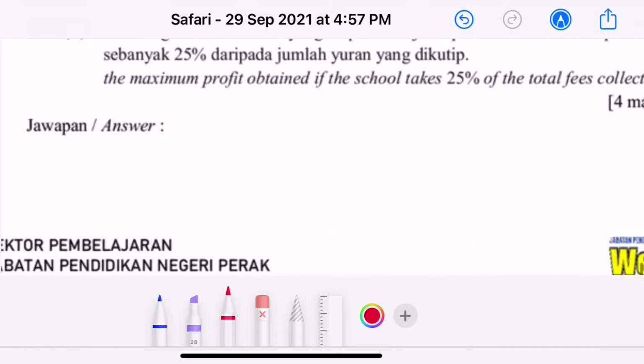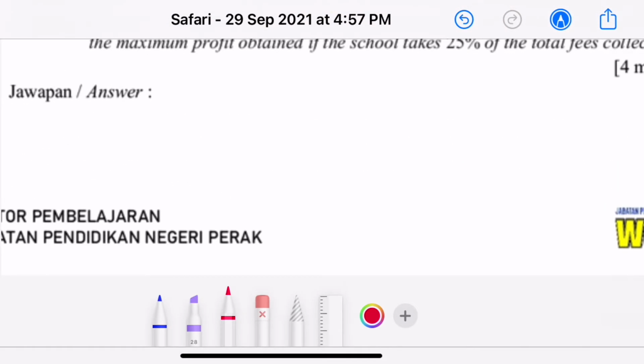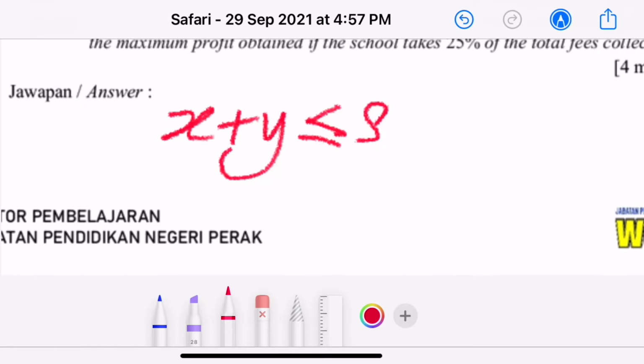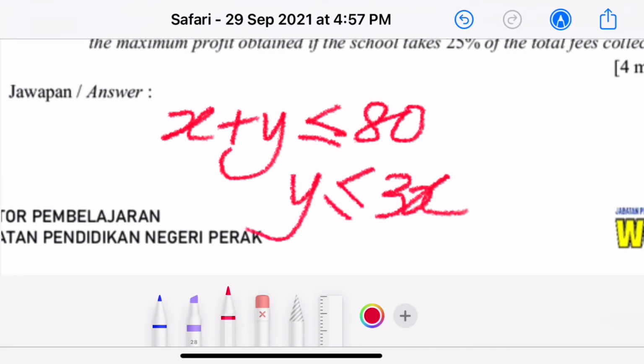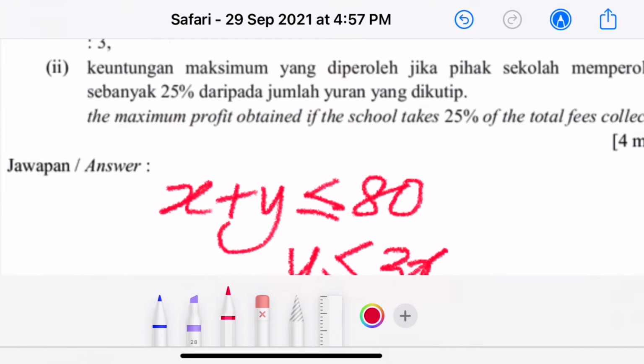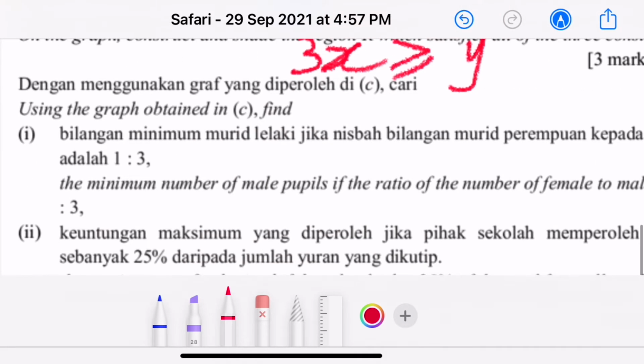So we have to write inequalities. The first one is x plus y less than or equal to 80, and the second one is y less than or equal to 3x. Let's try to solve the next question.